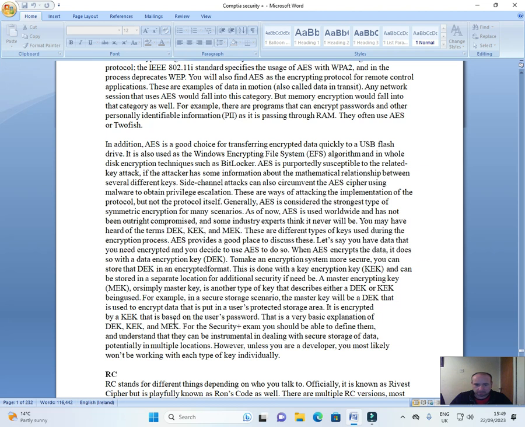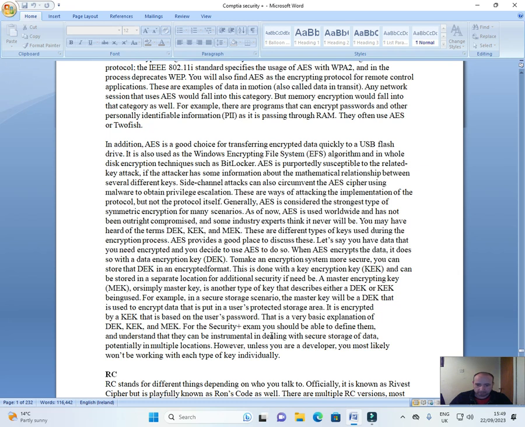It is encrypted by a KEK and is based on the user's password. That is a very basic explanation of DEK, KEK and MEK.